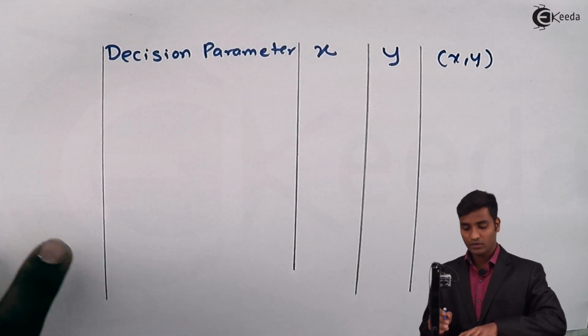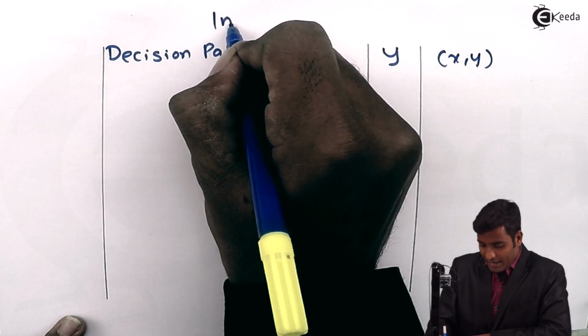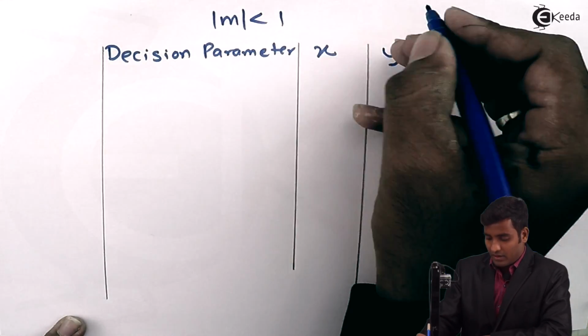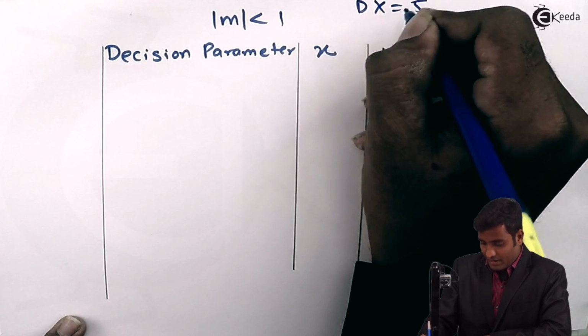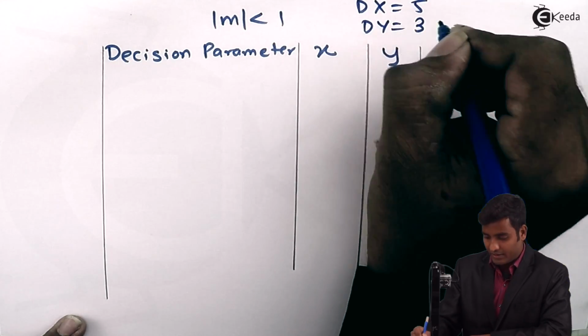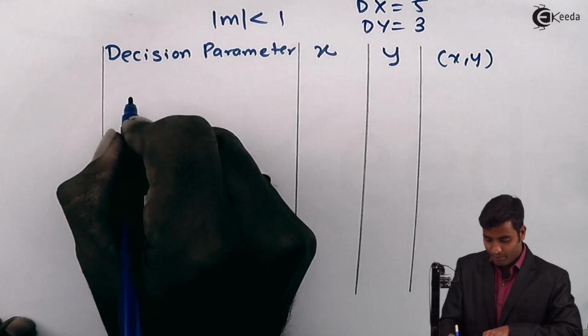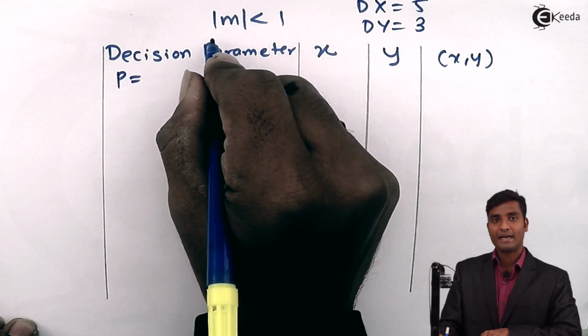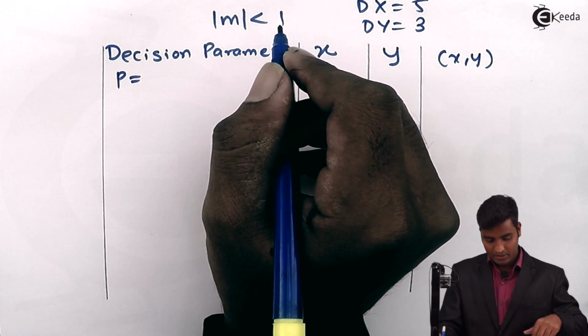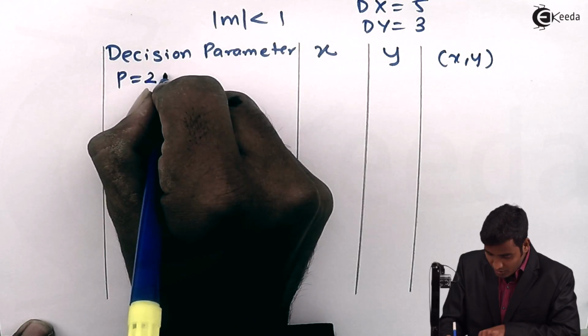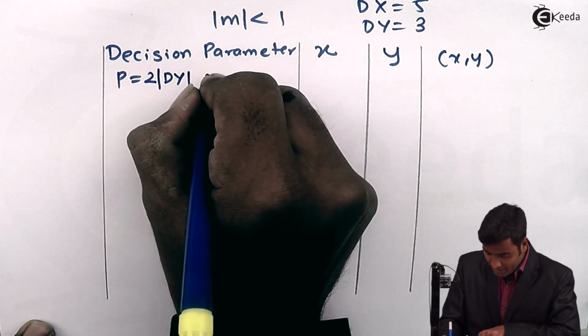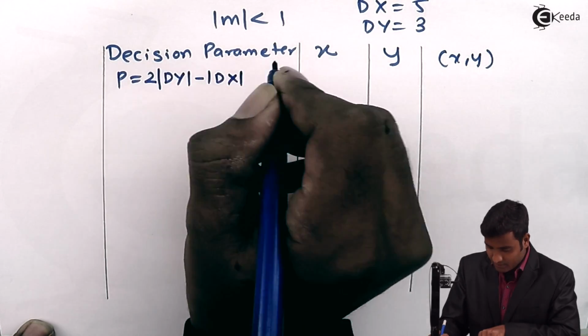So this condition is for m less than 1 and the value of dx is 5 and the value of dy is 3. So we know that p for m less than 1 is 2 dy minus dx.